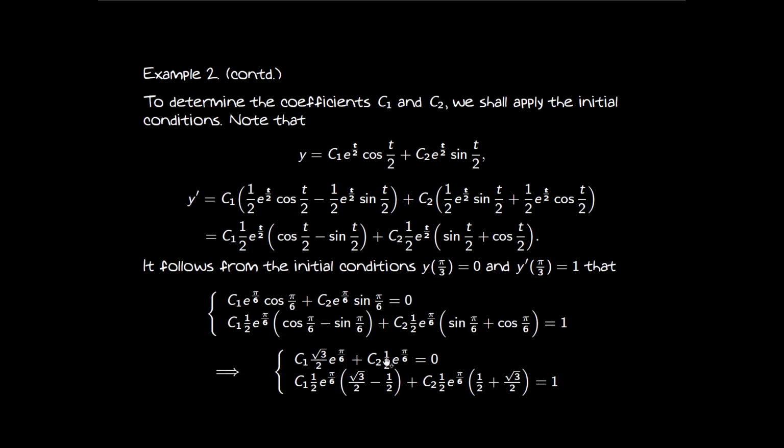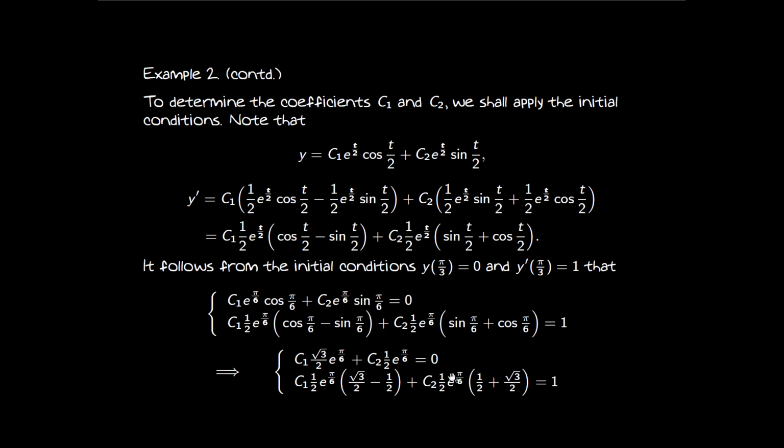For the first equation, we notice that there's a common factor of half of e to the pi over 6, and we can just divide both sides by this number. Then you get square root of 3 c1 plus c2 is equal to 0.